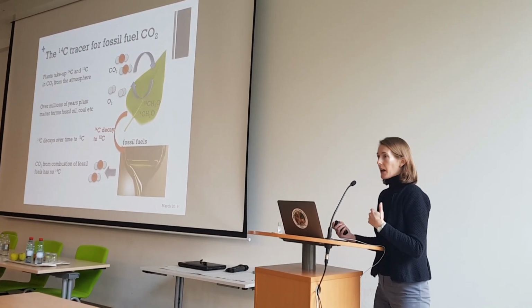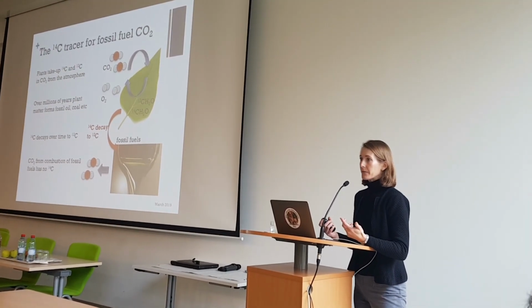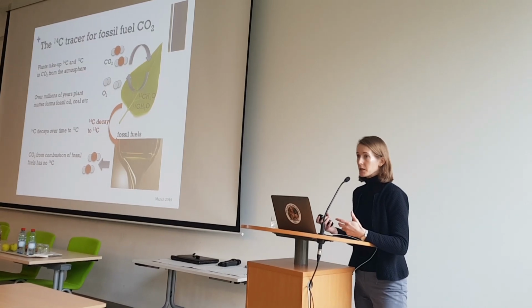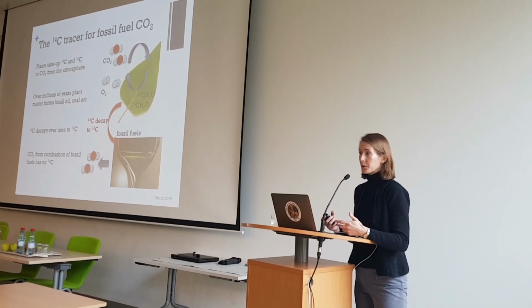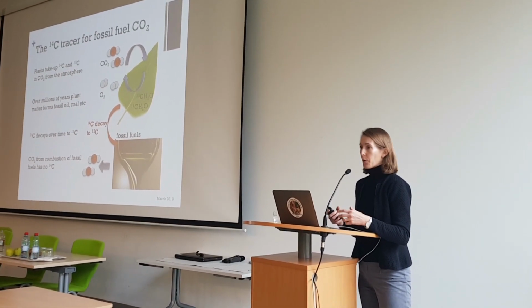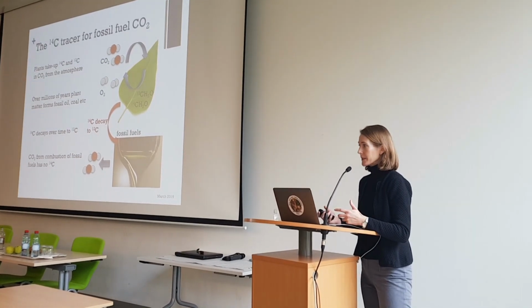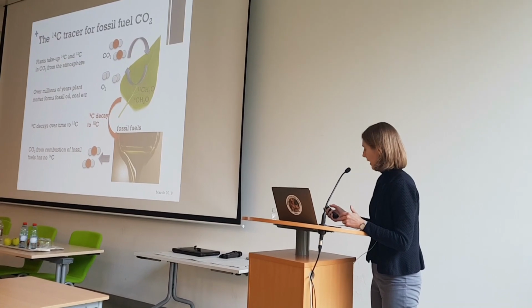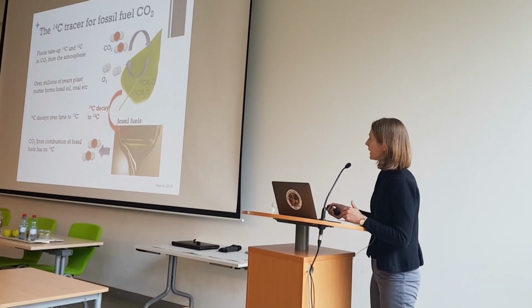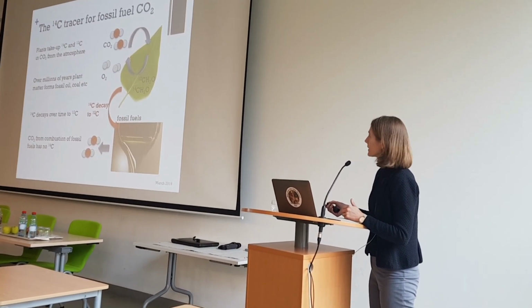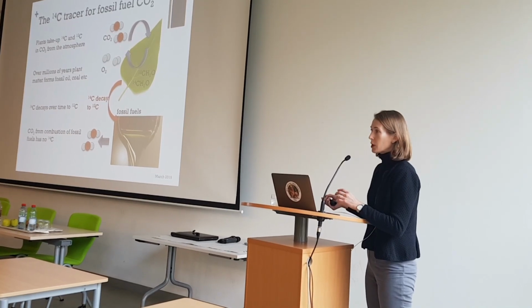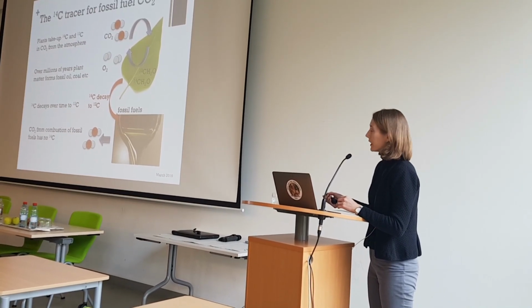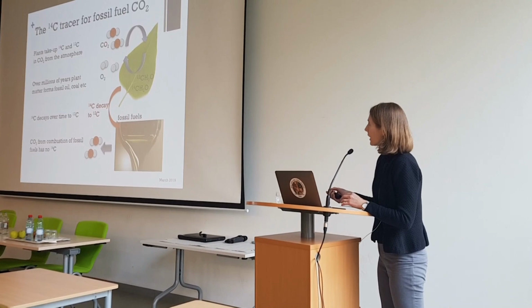So we have carbon-14 that exists in the atmosphere, and that reacts with oxygen to form carbon-14 CO2. So we have both carbon-12 CO2 and carbon-14 CO2, and these are both taken up by plants to make carbohydrates. So here's a leaf. It takes up CO2 through photosynthesis, and that includes both a little bit of carbon-14 CO2 and a bit of carbon-12 CO2.